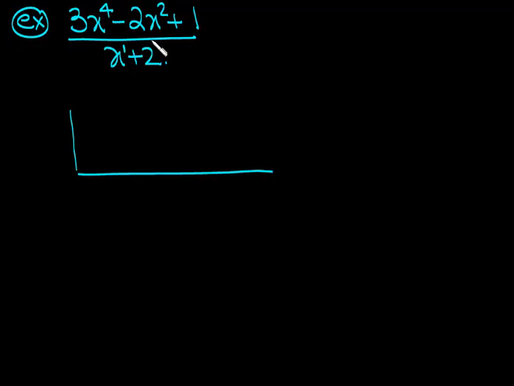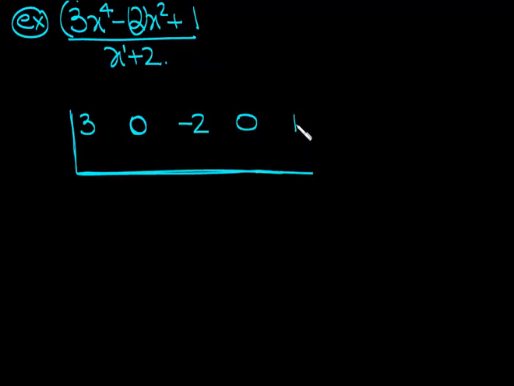We work with the coefficients, the numbers in front of the variables. So we create an L that has 2 rows. In the first row we write down the coefficients of the polynomial we are dividing. So we have 3, but then the x cubed term is missing, so we put a 0. Then we have negative 2, then there's an x term missing, we put a 0, then we have a 1. If there are terms missing, we still put placeholders.